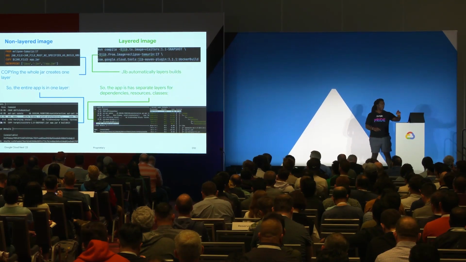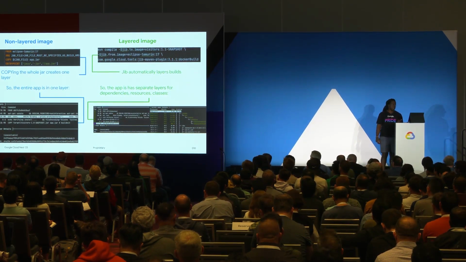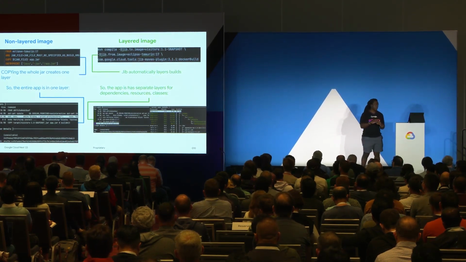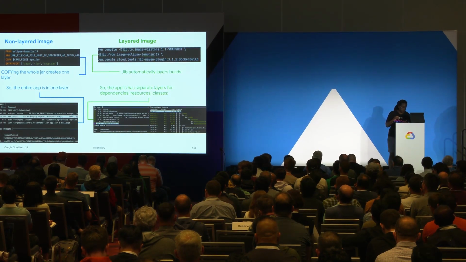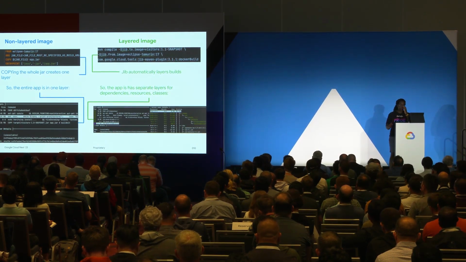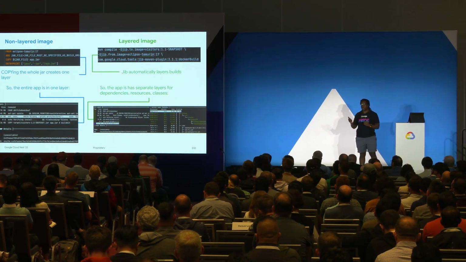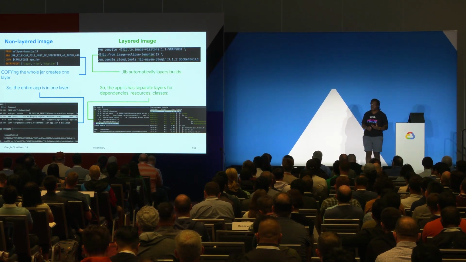Whereas if you take a layered build approach with the Jib coordinate shown in the top right, Jib automatically dices up your app into a dependency layer, an app layer, and a libraries layer, I believe. And so that means that when you change your app code, only the thinnest slice, which is actually your app code, is being rebuilt and pushed.